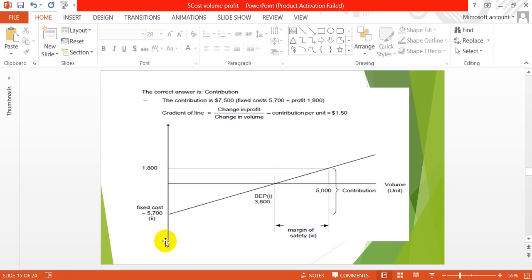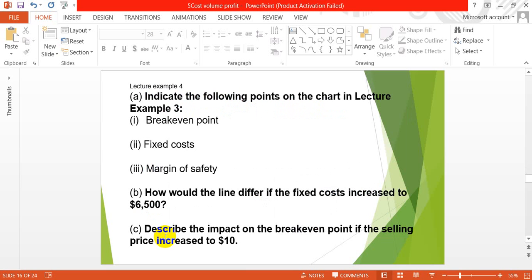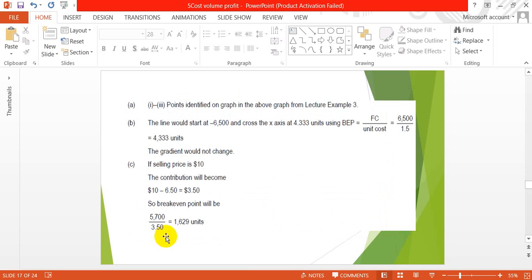So if the fixed costs are there, it means that our break-even point should change, because now our fixed cost will be 6,500 divided by our unit contribution of 1.5. So the units required to break even will now be 4,333. However, the gradient of the line will not change.